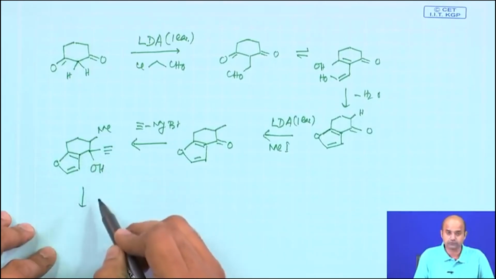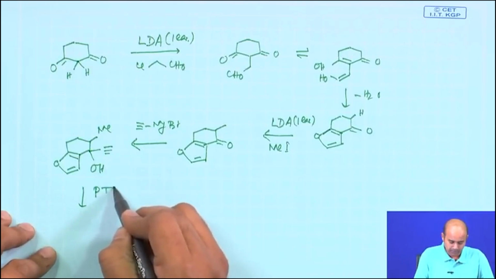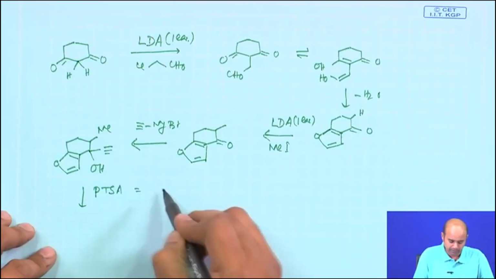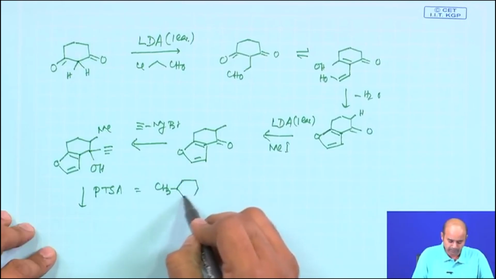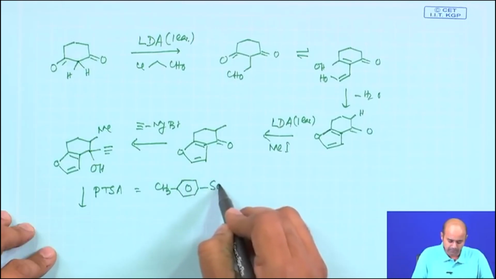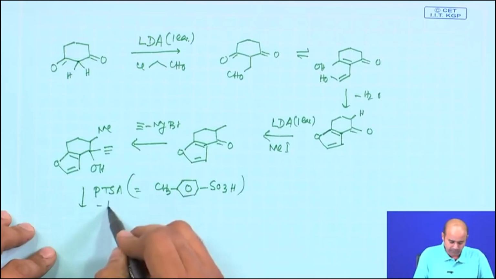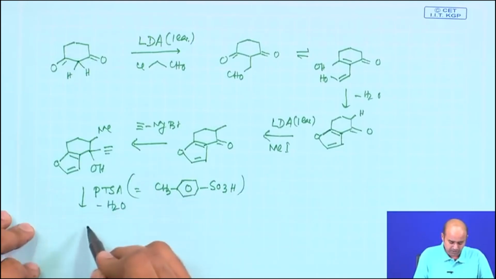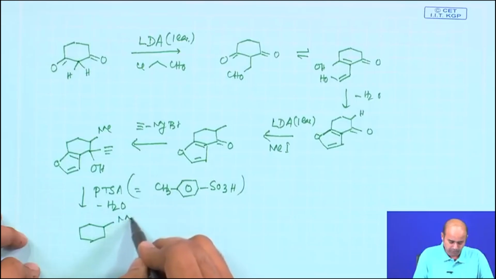Next we said you just do a dehydration reaction on this compound with PTSA. What is PTSA? PTSA is para-toluene sulfonic acid, which is a dehydrating agent, and then you undergo 1,2 elimination, which leads you to the target molecule.